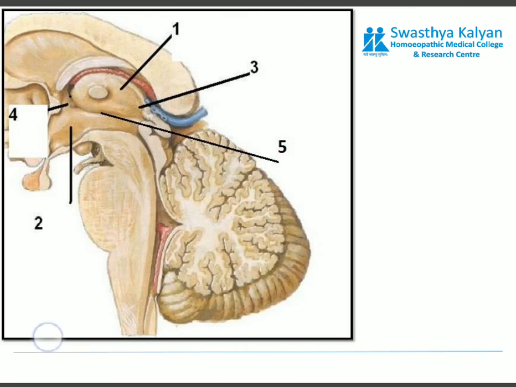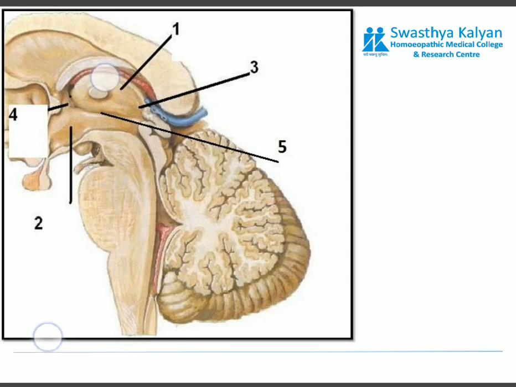So this number 5 here is the hypothalamic sulcus, and it divides each half of the diencephalon into ventral and dorsal parts. The ventral part consists of the hypothalamus. The subthalamus is not visible here.